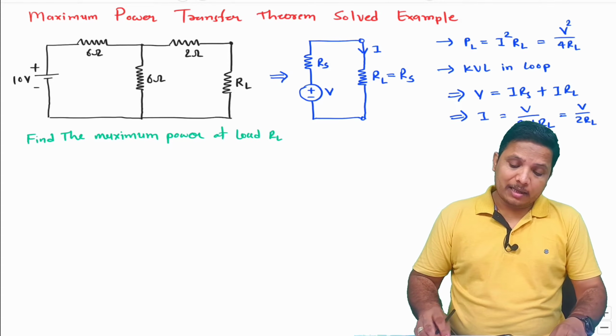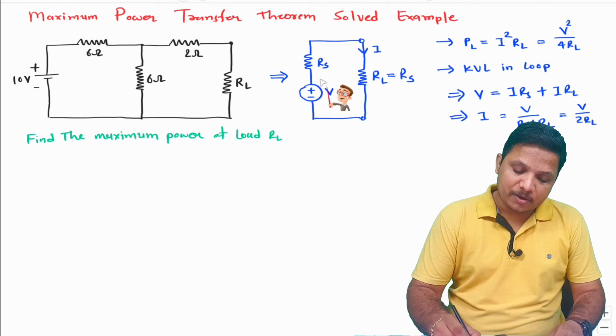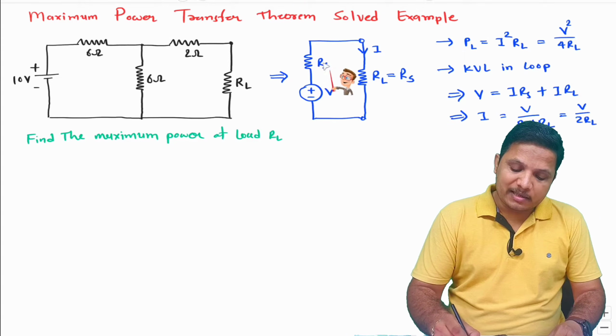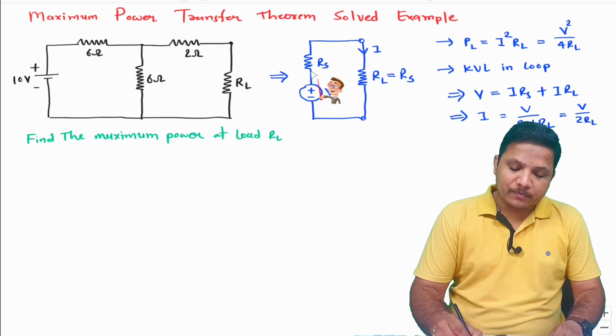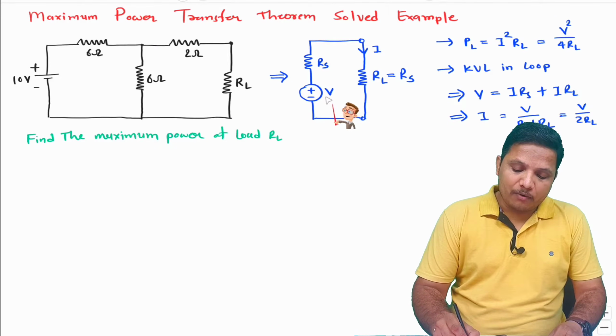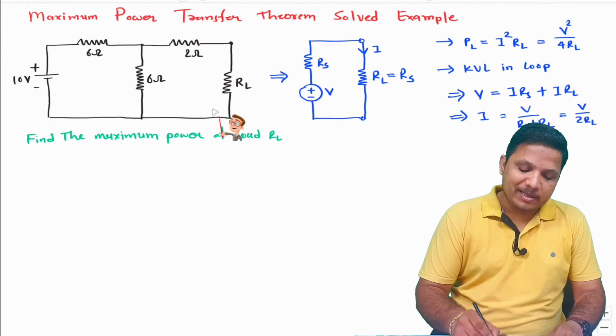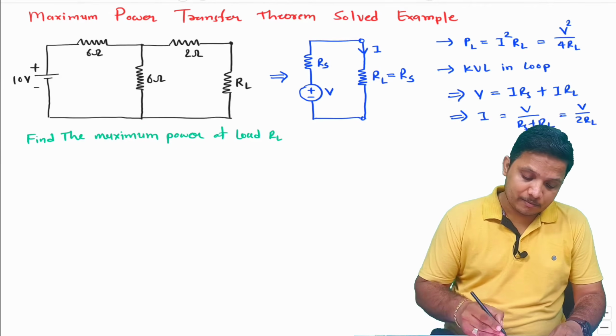Now for this circuit, I will translate it into a voltage in series with a resistance by using Thevenin's equivalent network. Let us first calculate the value of voltage in terms of Thevenin's equivalent network.